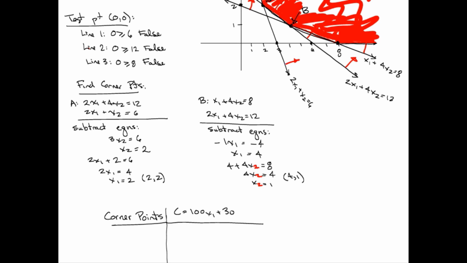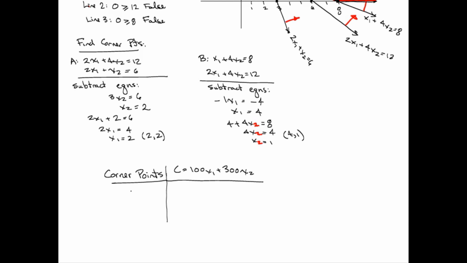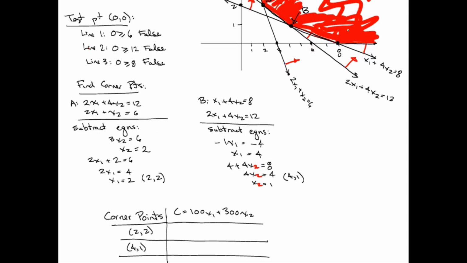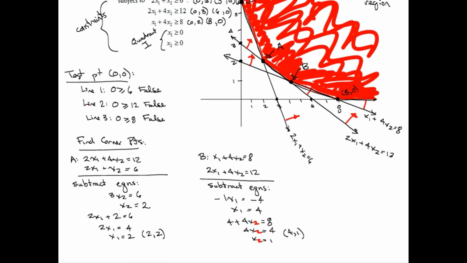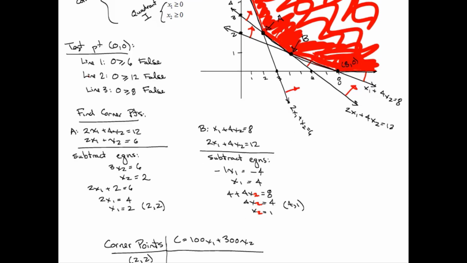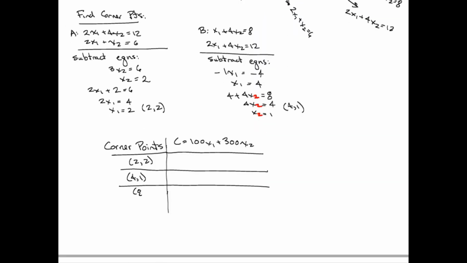And we list our corner points. So we already found 2, 2. And we already found 4, 1. There are 2 more. What are they? Here's another one, 8, 0. And here's another one, 0, 6.